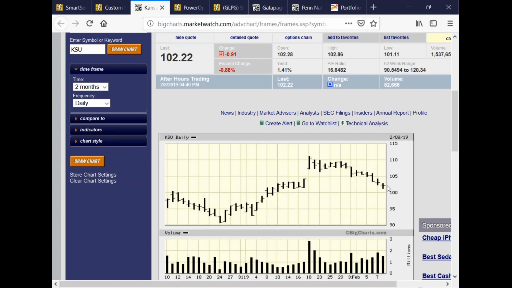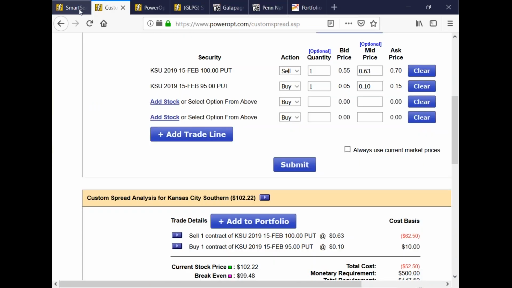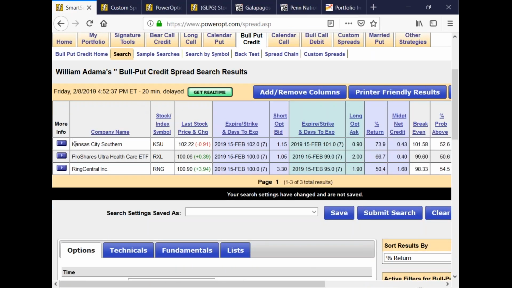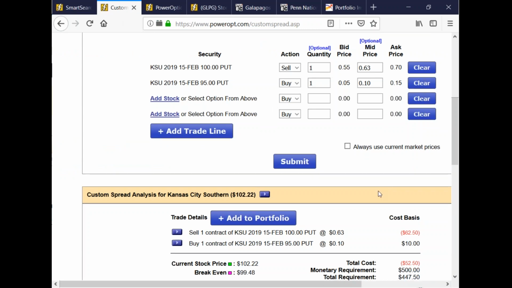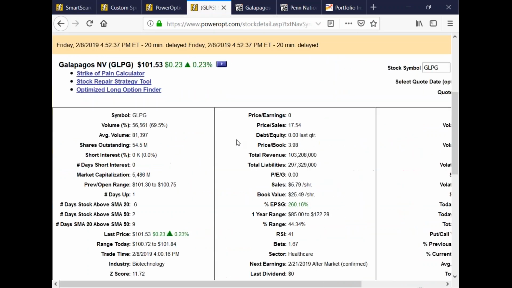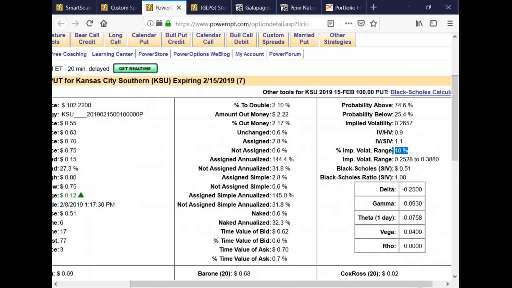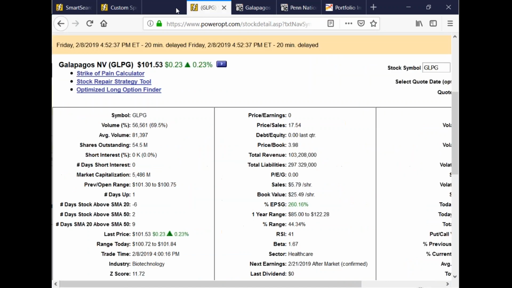It doesn't have as much wild swings, but it's going in the wrong direction. We saw the difference between what KSU offers as far as the same strikes almost, the 100 to 95, only 11% return, versus where we saw Galapagos had the higher implied volatility and did give you a better return.